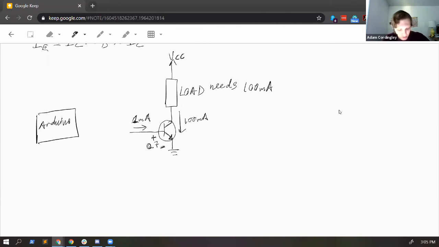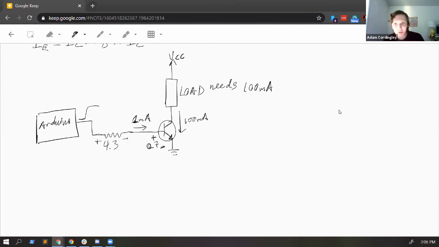So what I do is I add a resistor here between my Arduino and my BJT. And I know now that the voltage across it is going to be about 4.3 volts. When I switch the Arduino pin high, it becomes 5 volts, and here we have 0.7 volts, so I've got about 4.3 volts.